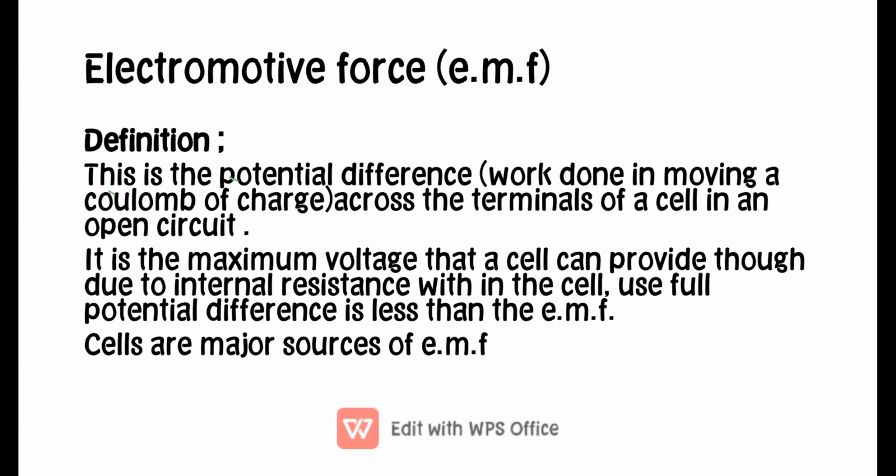The useful potential difference is less than EMF sometimes because of the internal resistance within a cell. And they are telling us that one of the major sources of the EMF are cells.